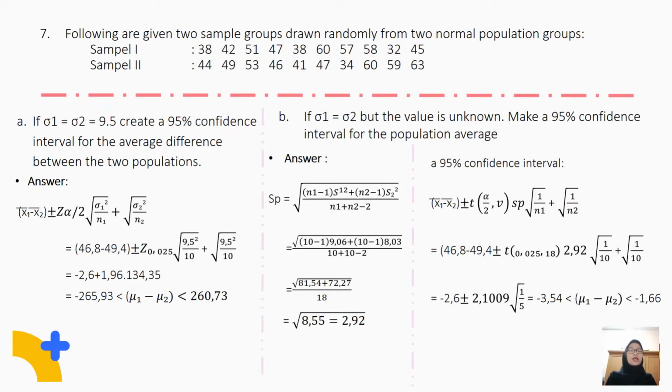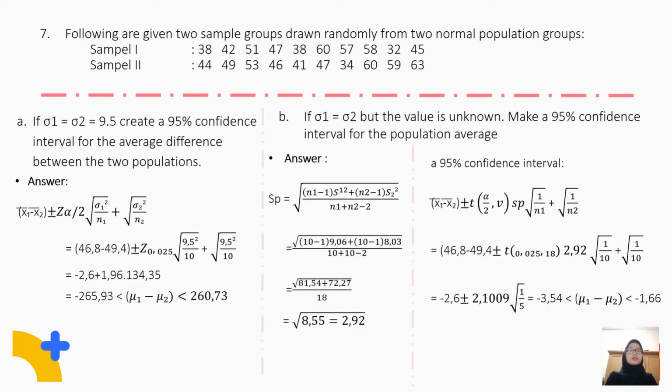Answer for question B: Sp equals square root of (n1 minus 1) multiplied by s1 squared plus (n2 minus 1) multiplied by s2 squared over n1 plus n2 minus 2. So we've got the square root of (10 minus 1) multiplied by 9.06 plus (10 minus 1) multiplied by 8.03 over 10 plus 10 minus 2, and we've got the answer square root of 81.54 plus 72.27 over 18.